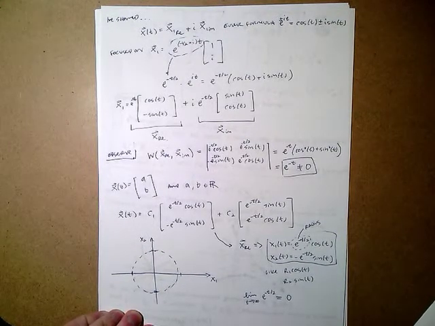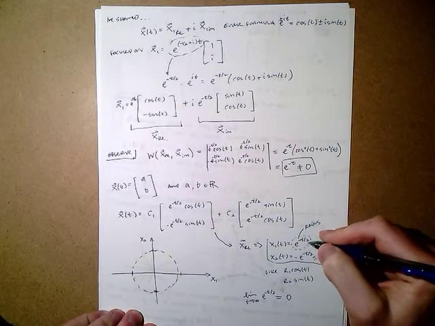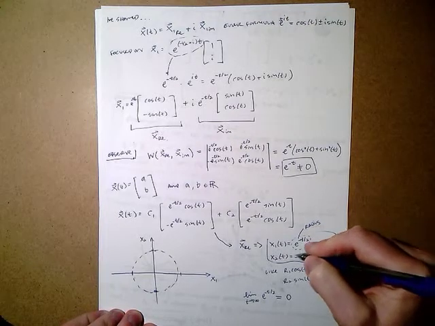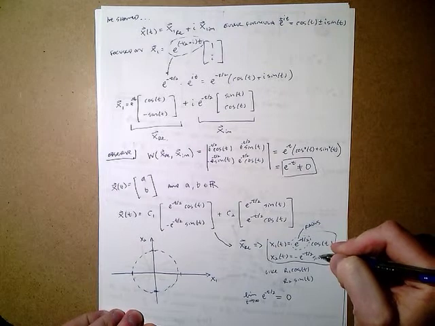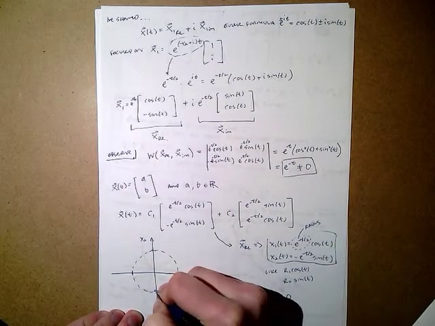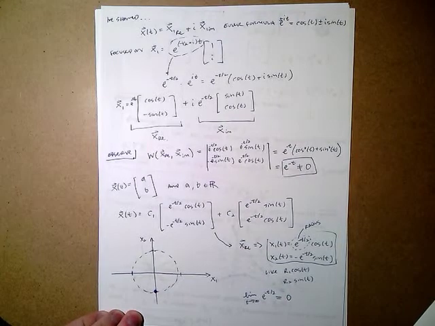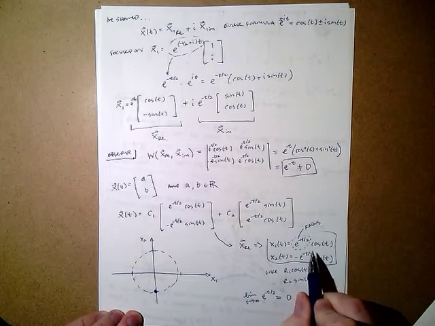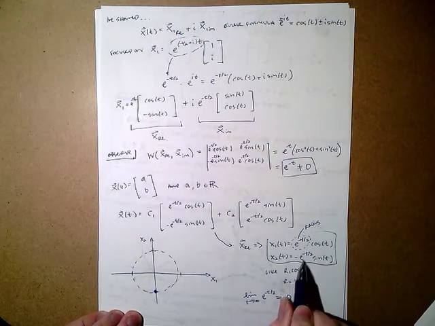So initially, if I start at t equals 0, what do I get? This radius term is equal to 1, and this radius term is equal to negative 1. So what I get is I start out at a point here. Okay, and as time goes on, whoops, I'm sorry. So this should be 1, and this one should be 0.